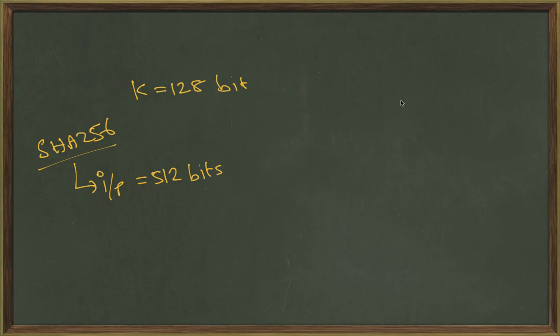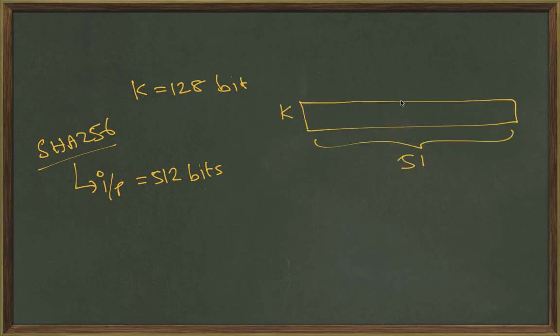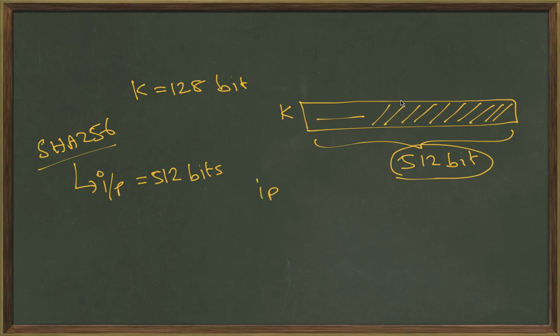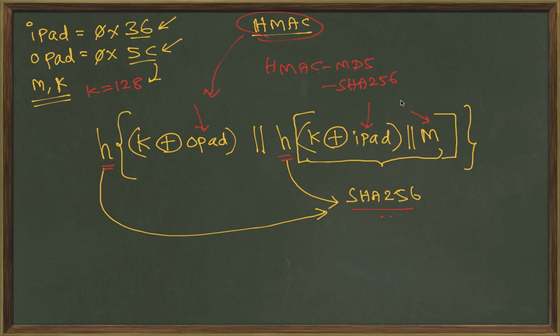That means if you want to perform an XOR, right? So you take your key value, you expand the key value so that you can hit 512 bits. Basically, you put your key, you add necessary zeros so that you can make it 512 bits. Similarly, you take your IPAD value. What is your IPAD value? IPAD value is 36, right?